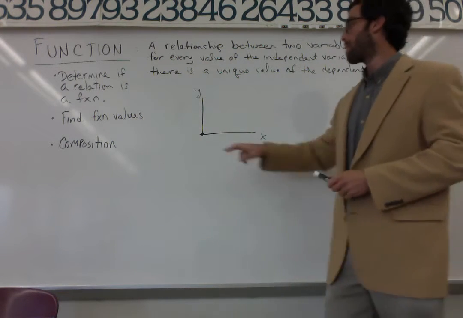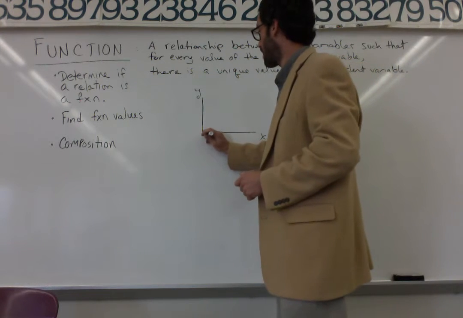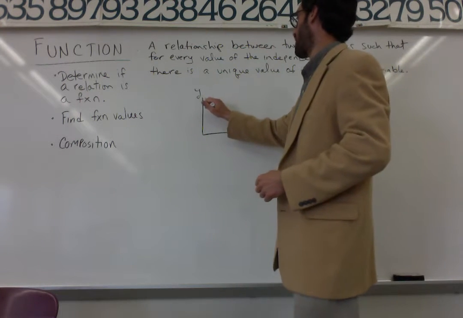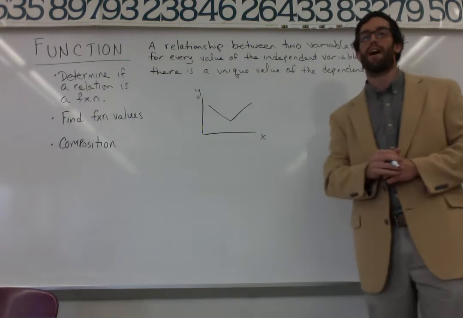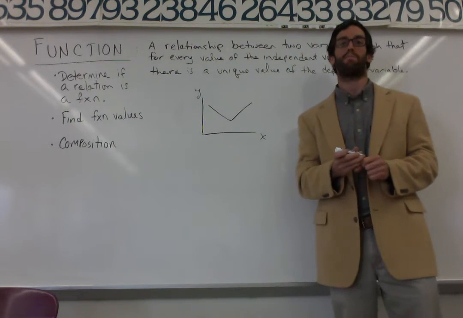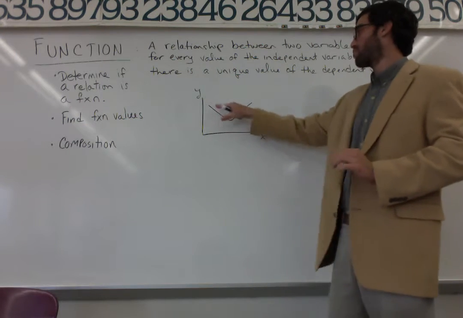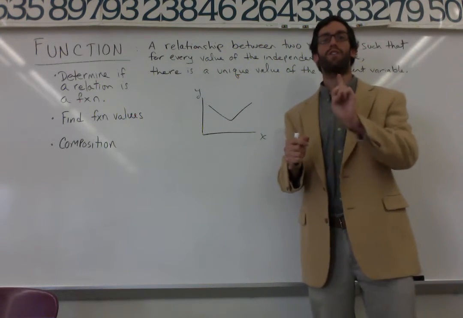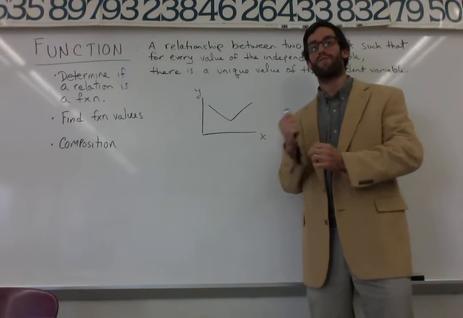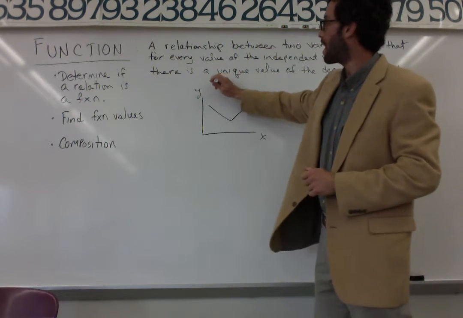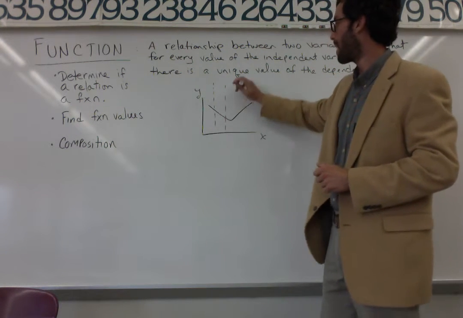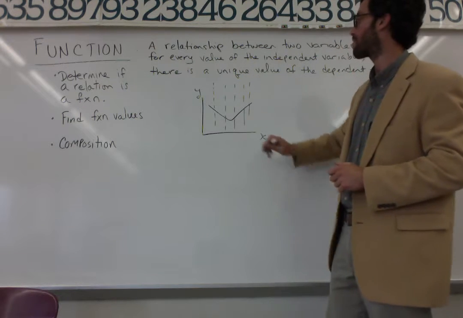Okay. First of all, by a graph. If I give you a graph and say it's like this, looks like an absolute value, that is going to be a function because for every x value in this curve, there's one unique y value. The trick to figure this out is to draw a vertical line anywhere on this curve.